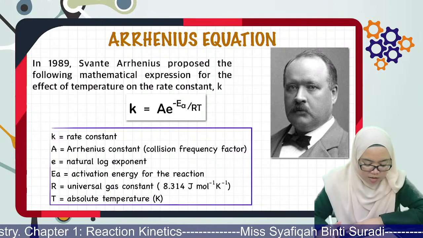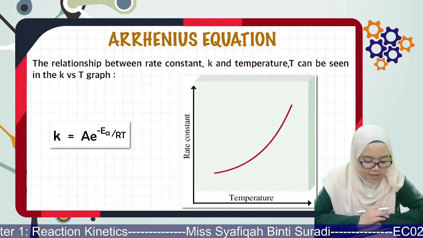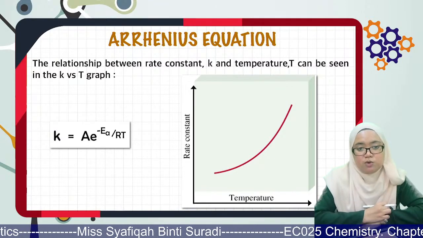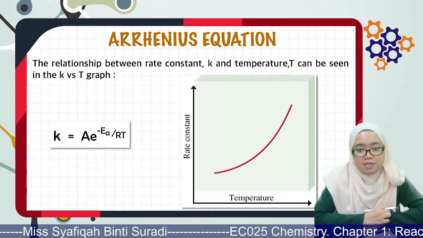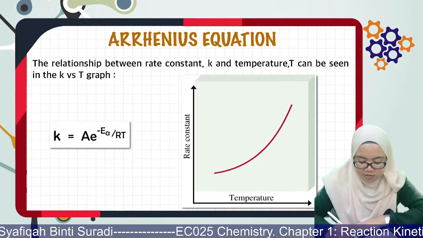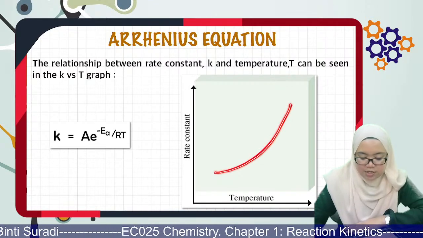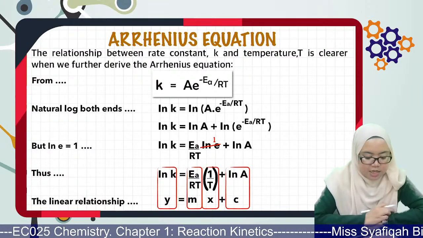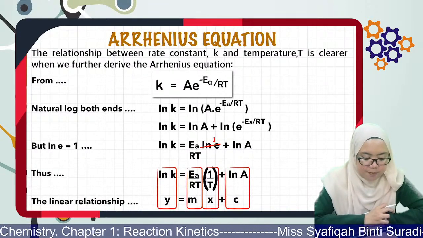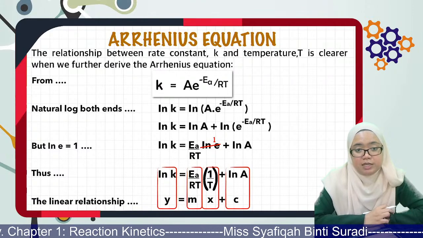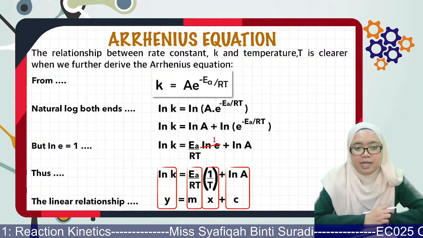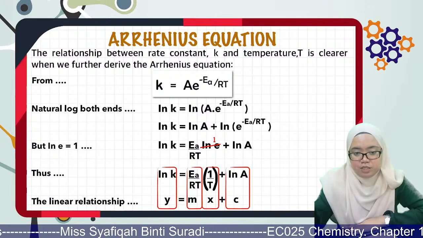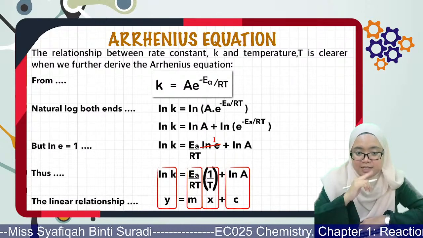Okay, so this is the graph lah untuk Arrhenius equation. So rate constant against temperature. So graph dia yang macam ni. Okay, curve. Alright, next kita boleh derive Arrhenius equation kita untuk tengok relationship between rate constant, temperature dan juga activation energy.